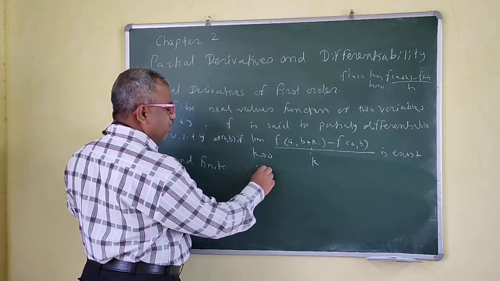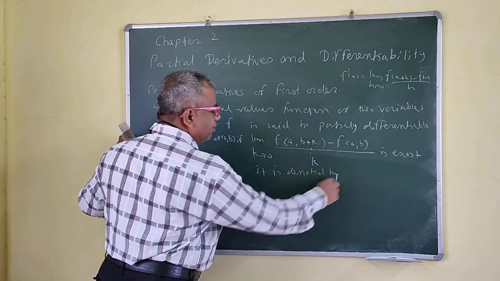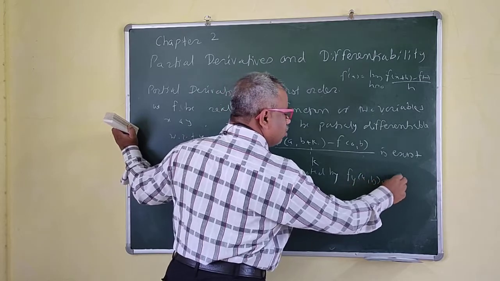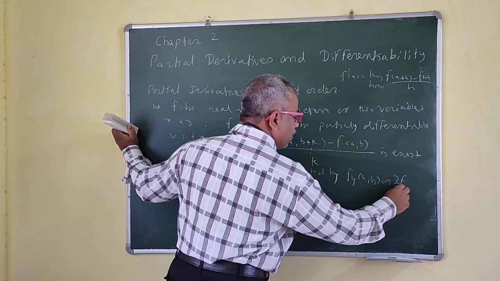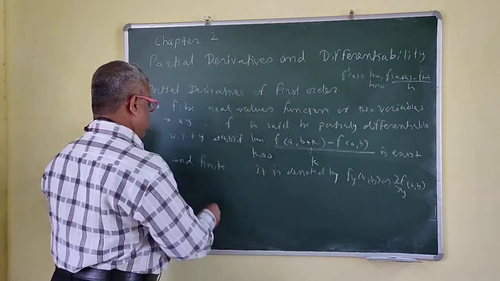It is denoted by fy at (a, b) or dou f by dou y at (a, b).